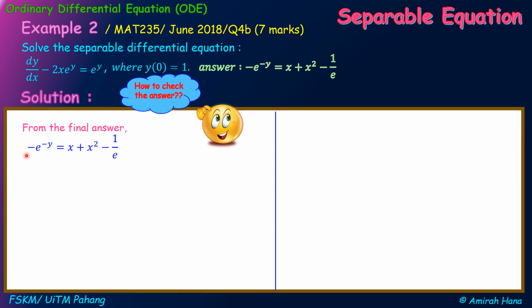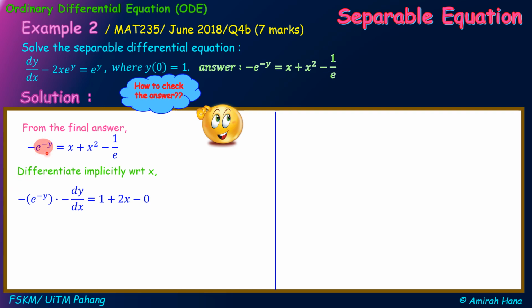To differentiate this function, we need to differentiate implicitly with respect to x because we can't write y as the subject. So when we differentiate, we still put the negative sign in front here.